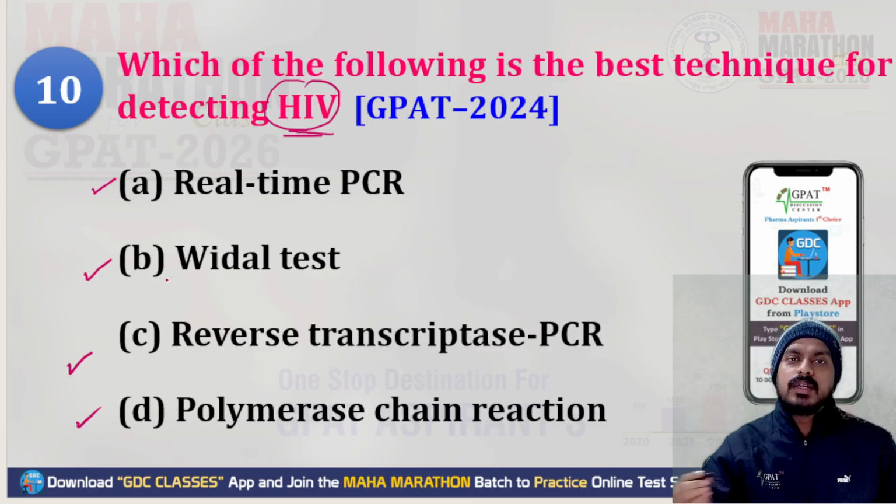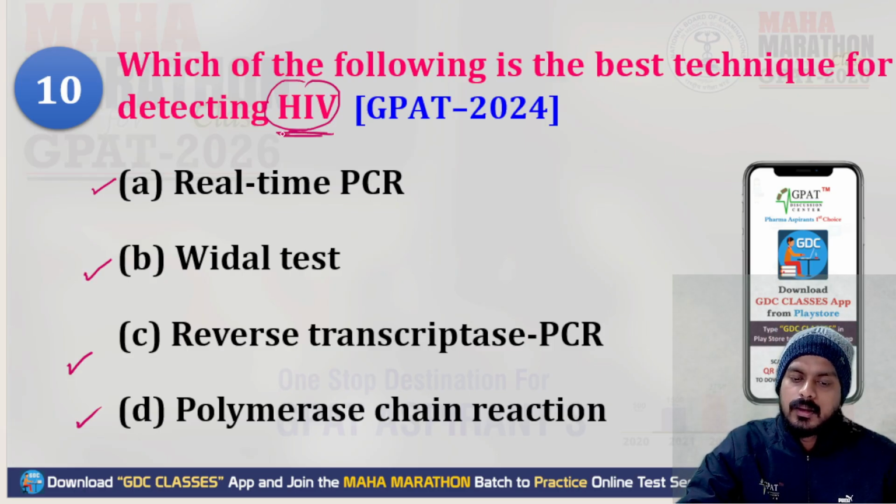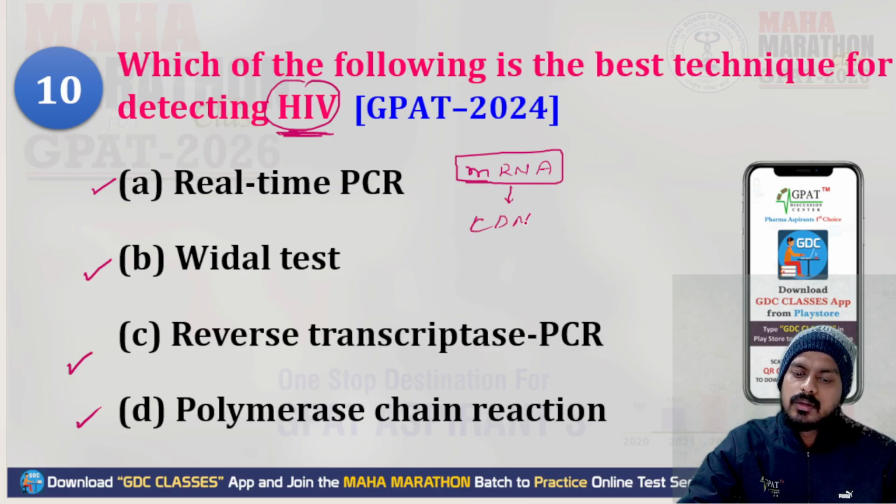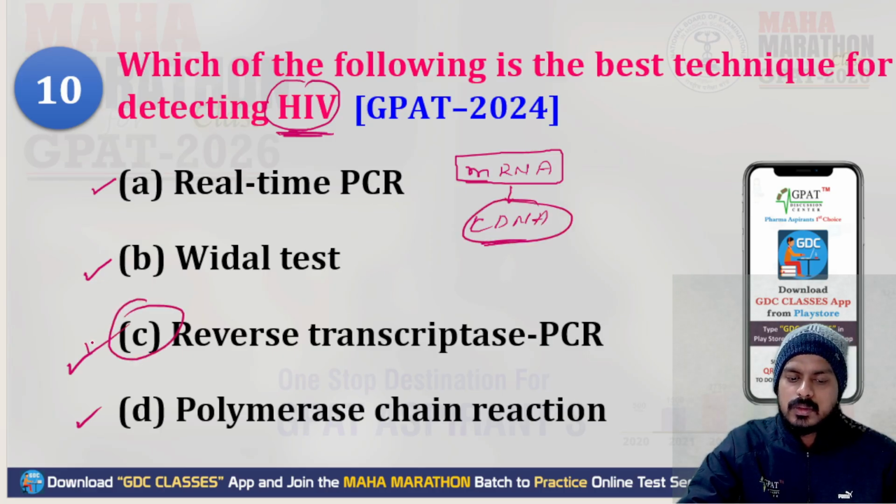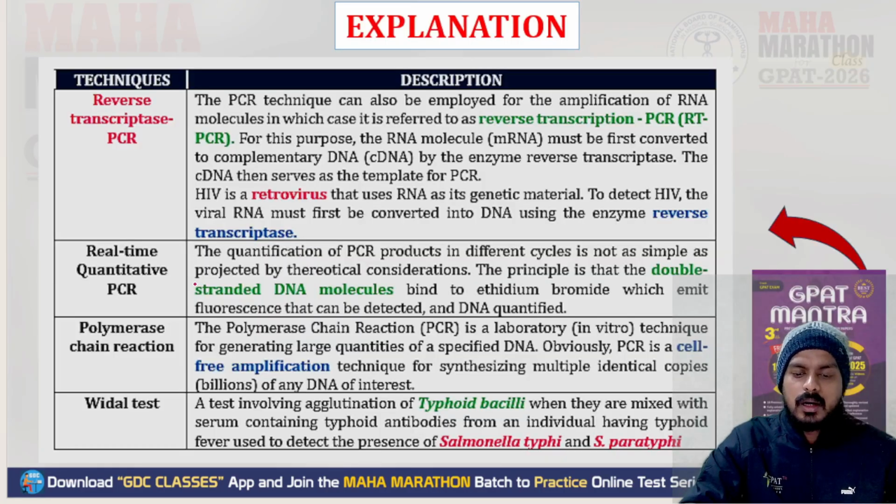So what is the genetic material in HIV? The genetic material in HIV is RNA. As RNA is present as the genetic material, you need to use reverse transcriptase to synthesize your cDNA. So which technique will you use? You will use reverse transcriptase PCR. So option C is the correct answer.